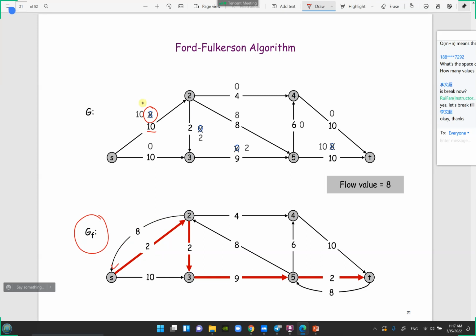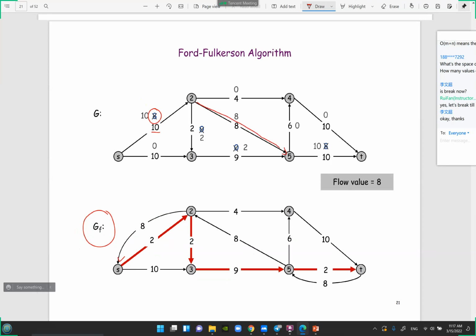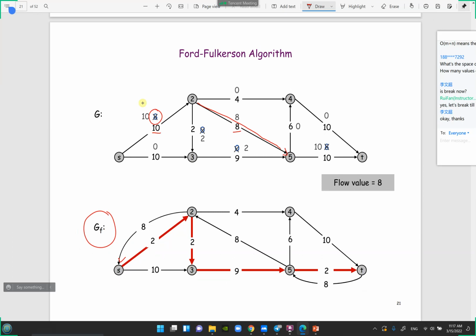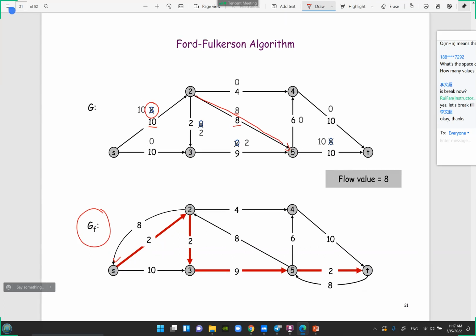Then you do that for each edge, for example this edge. It has a capacity of 8, and you're also sending 8 units of flow, which means you've completely used up this edge. Therefore there's no additional capacity going from 2 to 5. However, there is capacity going back from 5 to 2, and the capacity is 8.